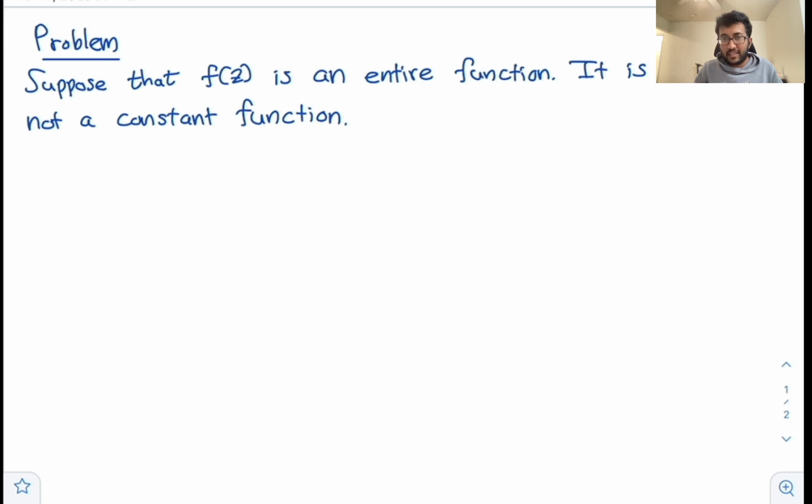So in this case, I'm considering an entire function which is not a constant.